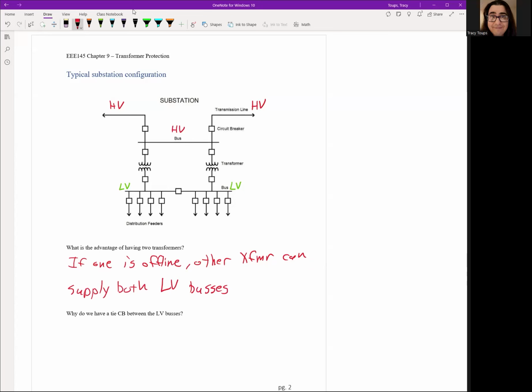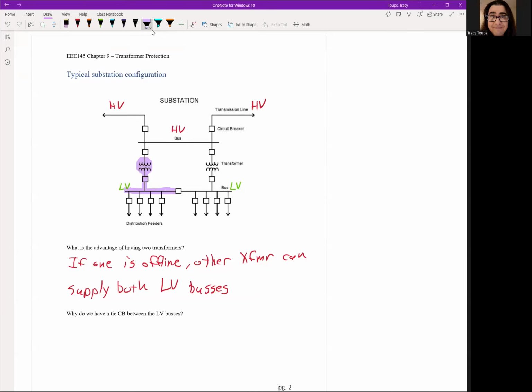Okay. Now, just to show you what we're talking about, let's use purple for this one. We have one transformer right here. This transformer would typically power these 4 sets of distribution feeders. We don't want to have one transformer do all 8 feeders.